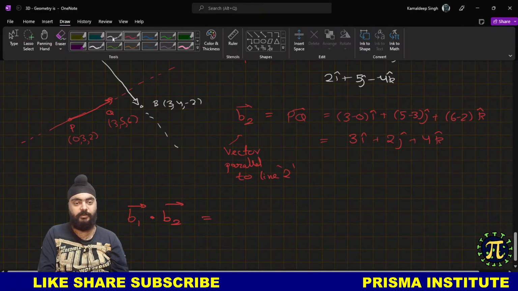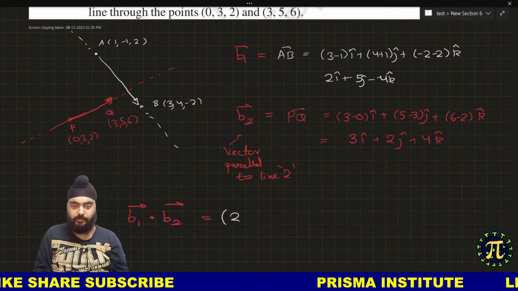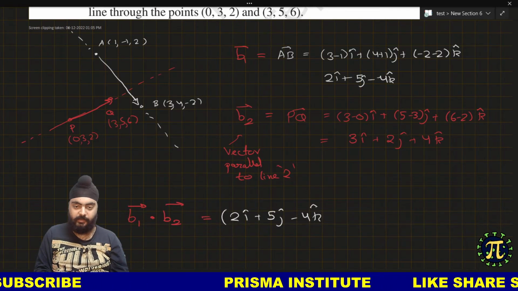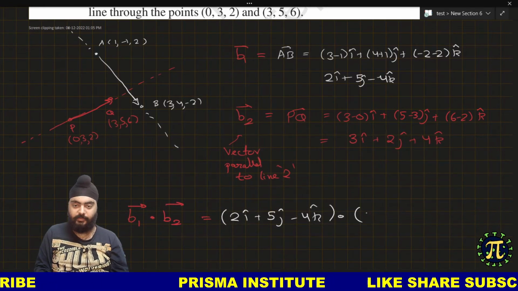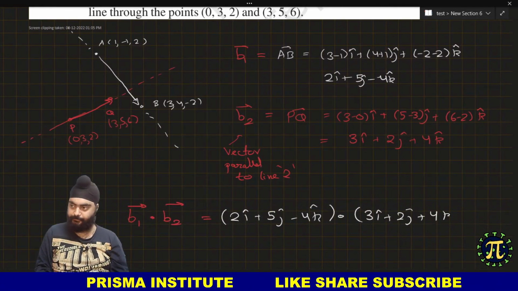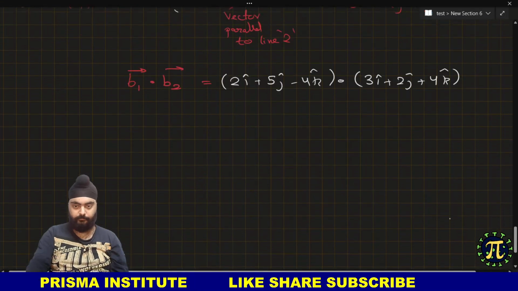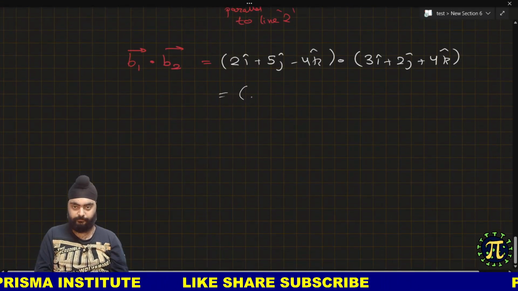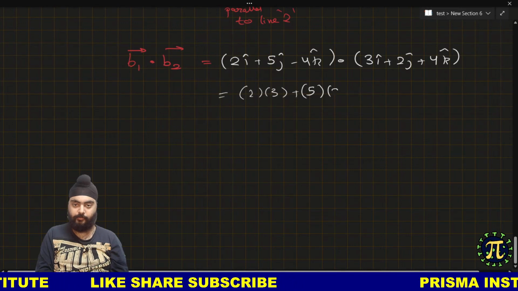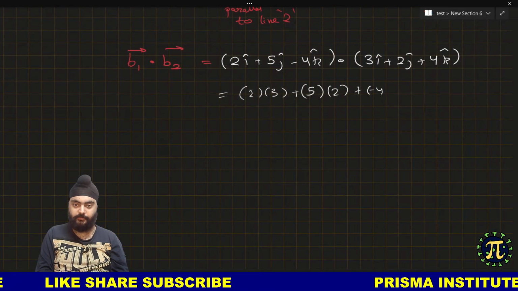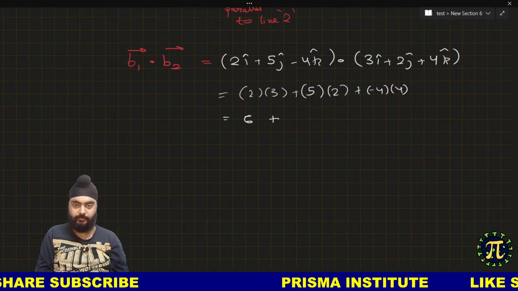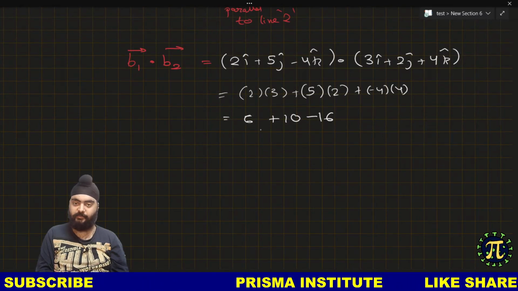So what is b1 dot b2 vector? This is the dot product of 2i 5j minus 4k with 3i plus 2j plus 4k. So this is 2 into 3 plus 5 into 2 plus minus 4 into 4, which simplifies to 6 plus 10 minus 16, and which is 0.